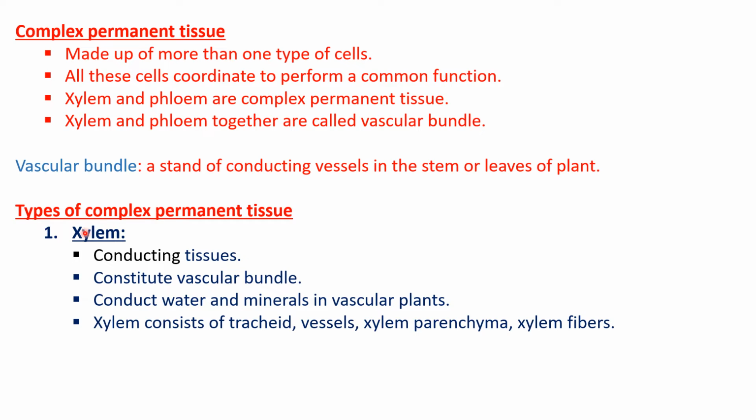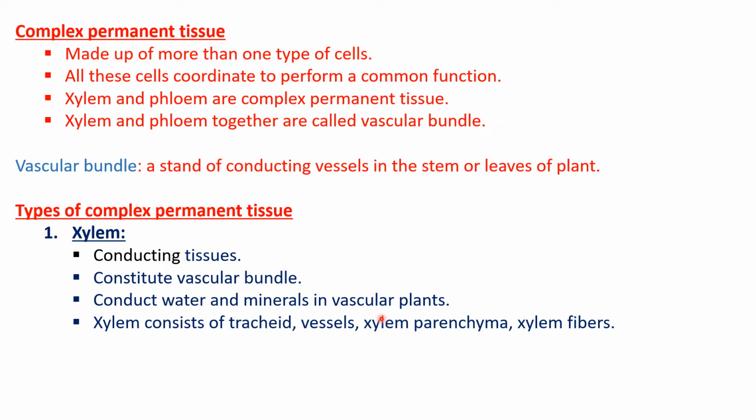Now, types of complex permanent tissue. First one is xylem. Xylem is a conducting tissue that constitutes the vascular bundle. Next, it conducts water and minerals in vascular plants. We know that through the roots, the plant collects water from ground level, and for photosynthesis the plant needs water.